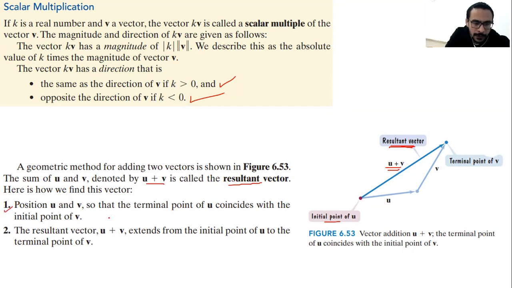Number one, position of u and v. The terminal point of u should coincide with the initial point of v. The resultant vector u plus v extends from the initial point of u to the terminal point of v.